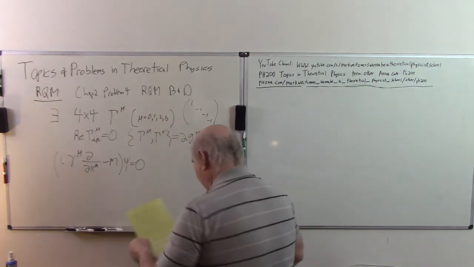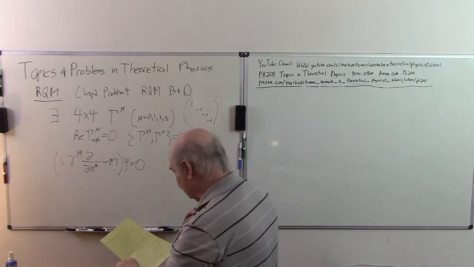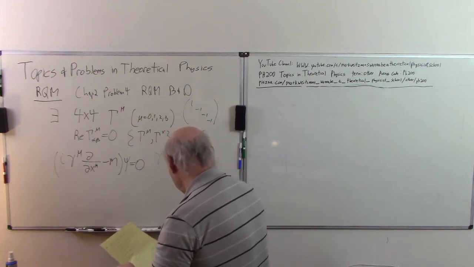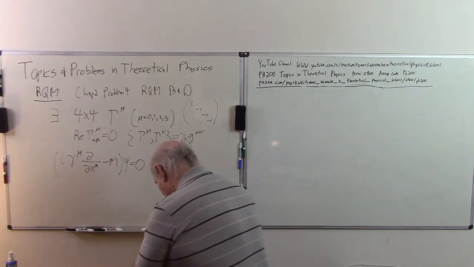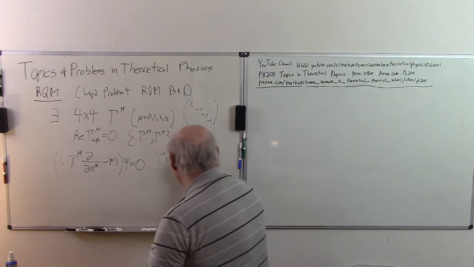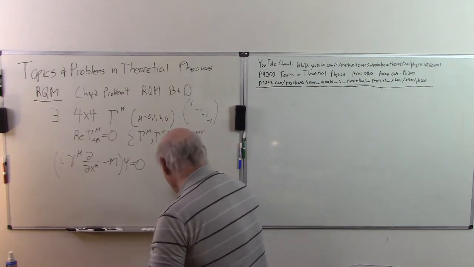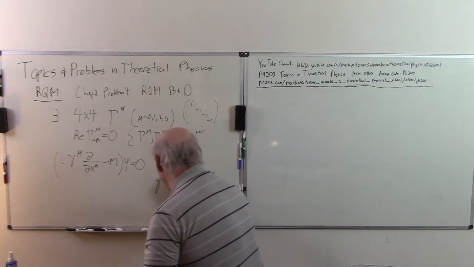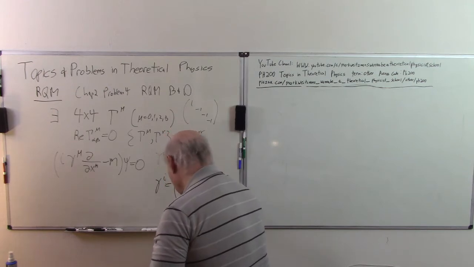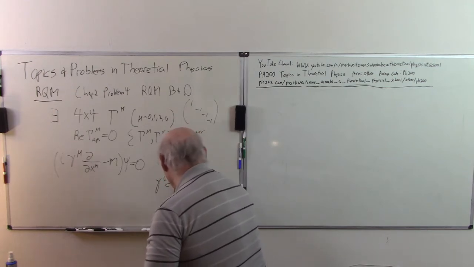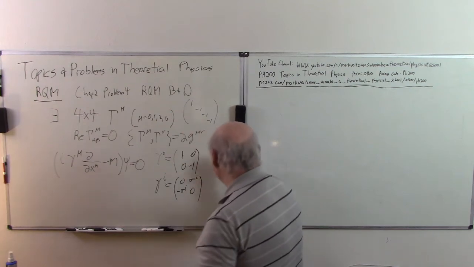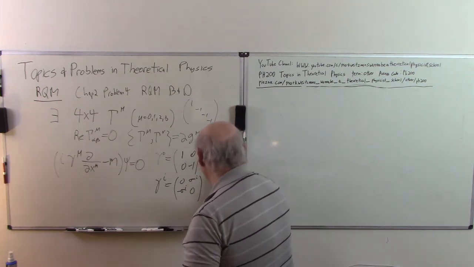The standard representation that Bjorken and Drell use is γ^0 equal to the matrix (1, 0; 0, −1), and γ^i equal to (0, σ^i; −σ^i, 0). And the σ^i are the standard Pauli matrices.